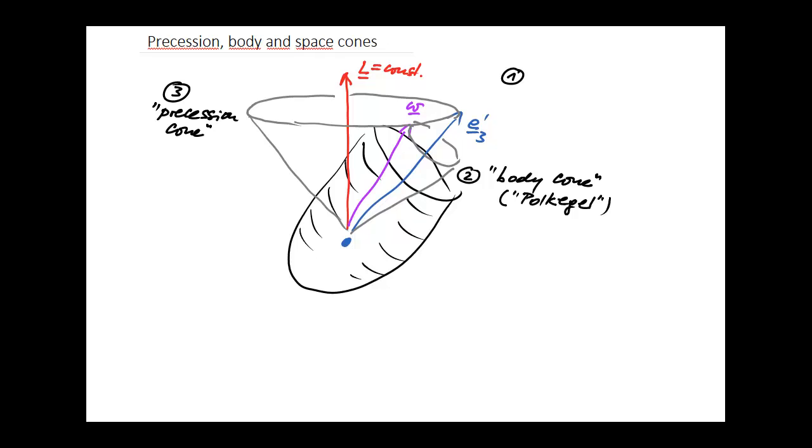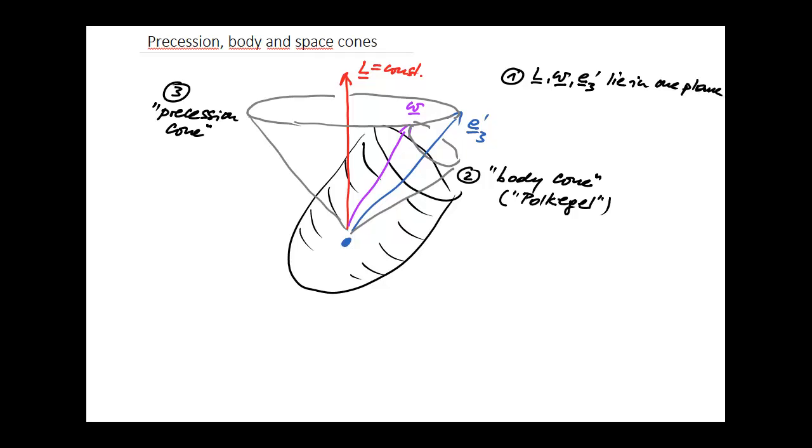Now the very first conclusion that we had drawn from the equation of motion was that angular momentum, omega, and E3 prime, they all lie in one plane.